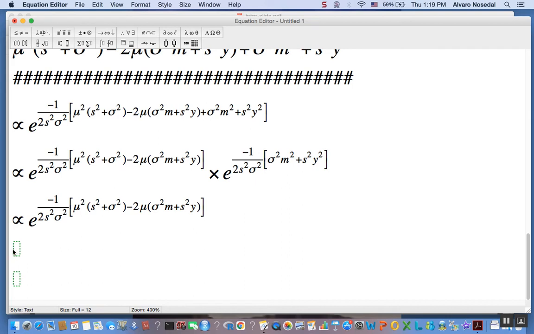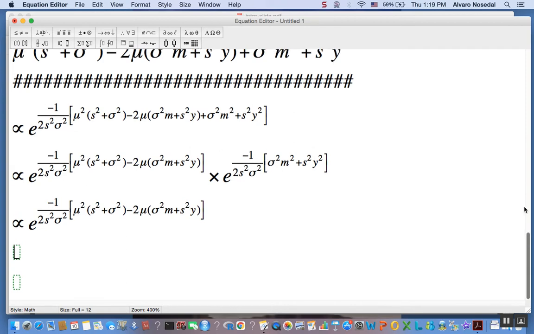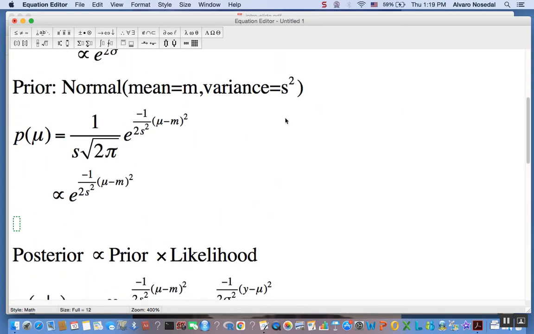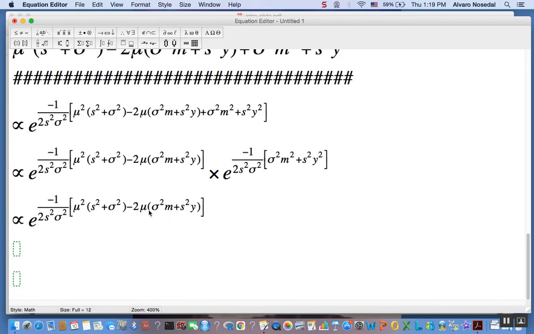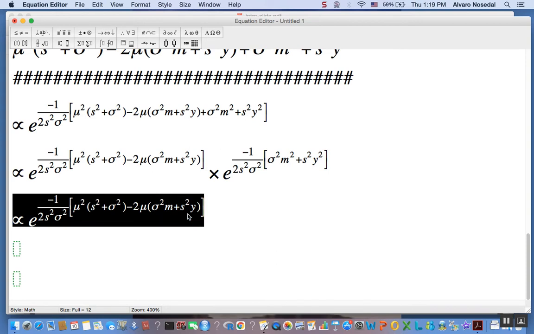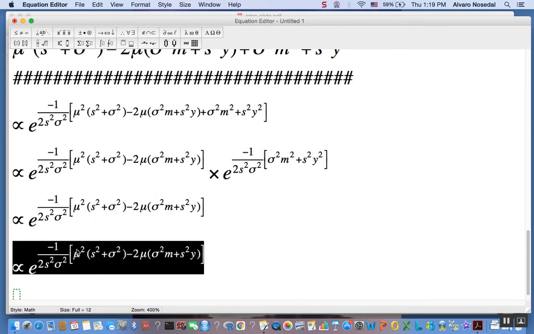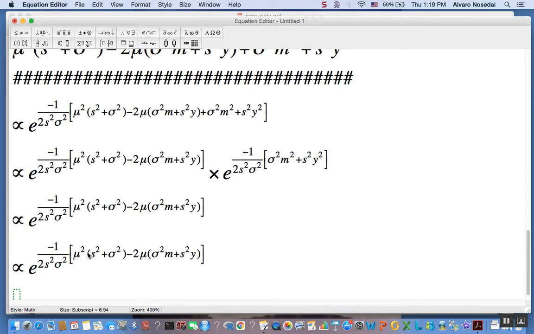Then, if you remember something that we did when we talked about obtaining the posterior distribution using that kind of prior, a normal prior, for a single observation, is this. The next step was we had something like this, right? So we completed the square. To complete the square, we would factor out that term here in the exponent, right? You would have something like this.